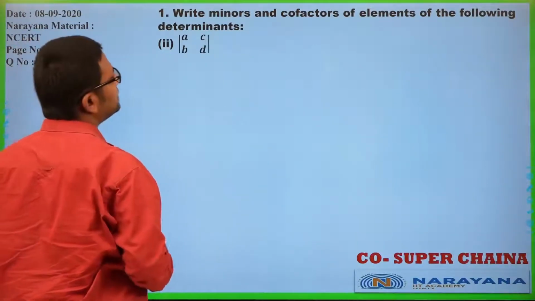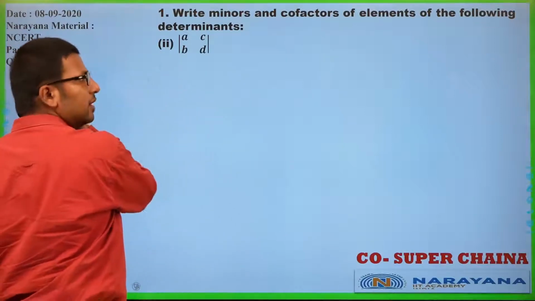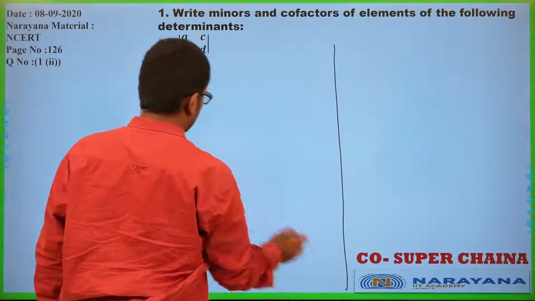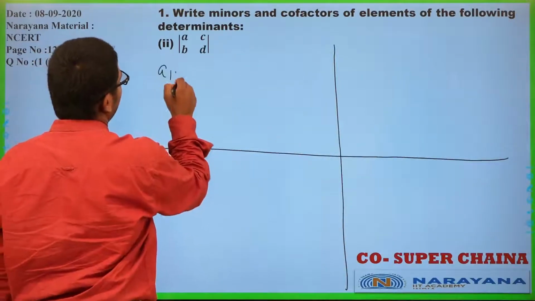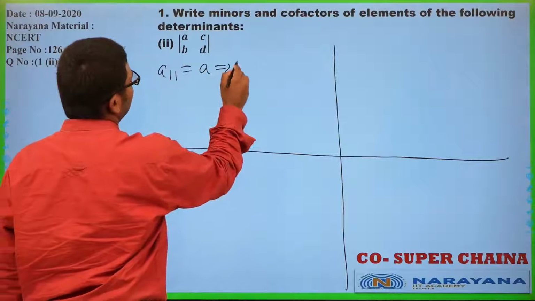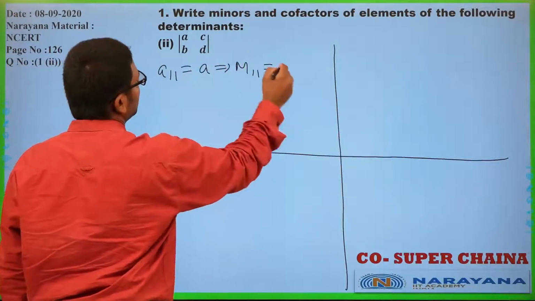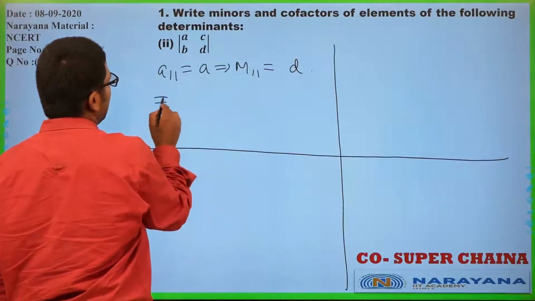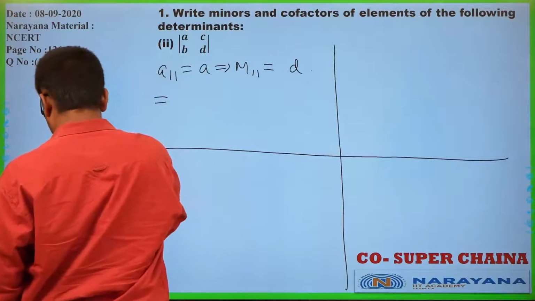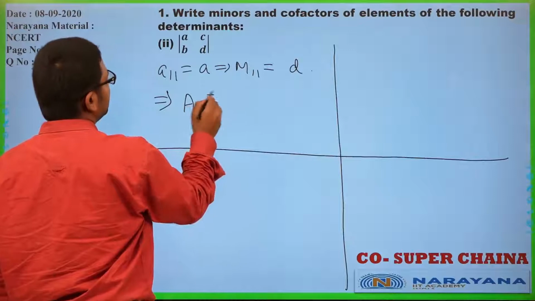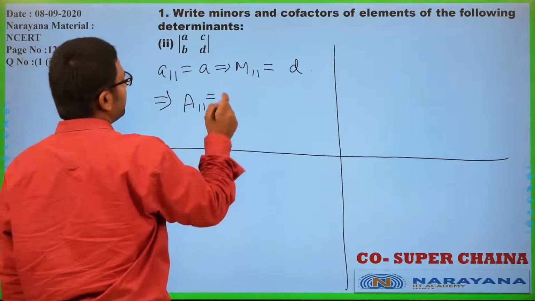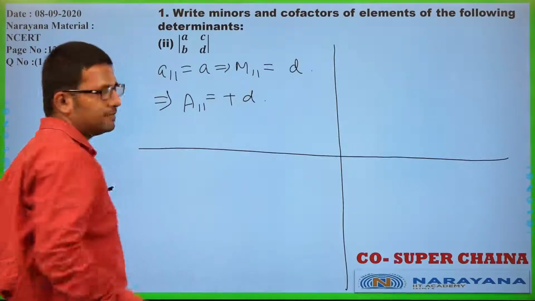Okay, minors and cofactors of this determinant now, alright? Can we do this quickly now? So A11 is the element A, which means M11 is the element opposite to it, which is D, which means A11, which is cofactor, would be plus D, correct?